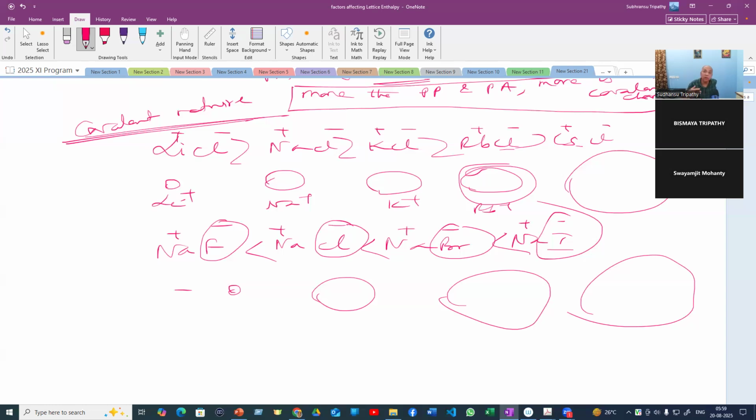But sodium iodide is more soluble in acetone than sodium bromide, sodium chloride, and sodium fluoride. Since sodium iodide has comparatively more covalent nature, and covalent compounds, as we shall discuss, are more soluble in organic solvents, less polar solvents. So that doesn't mean that its melting point is the highest.